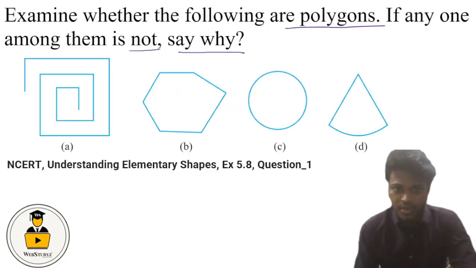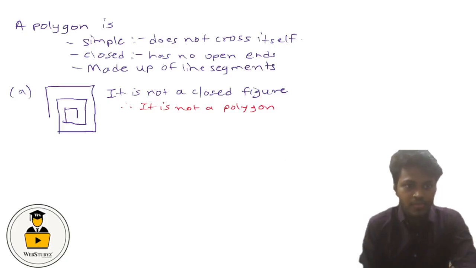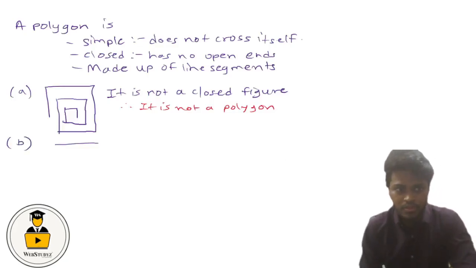Now let us consider the second figure. The second figure is something like this. So let us draw the second figure. We can see that it satisfies all the three conditions for being a polygon.